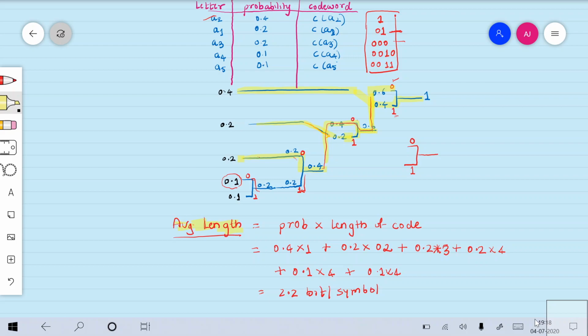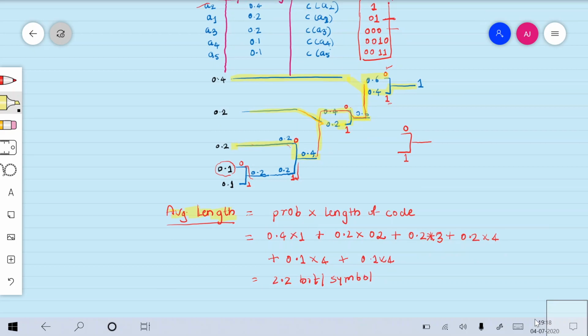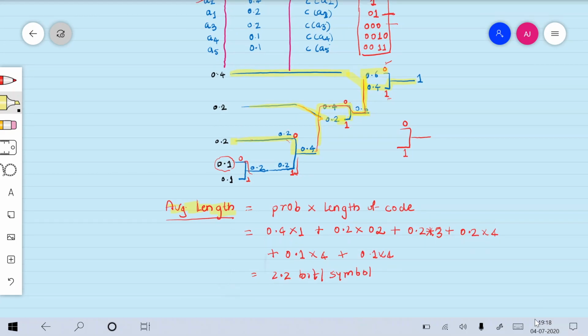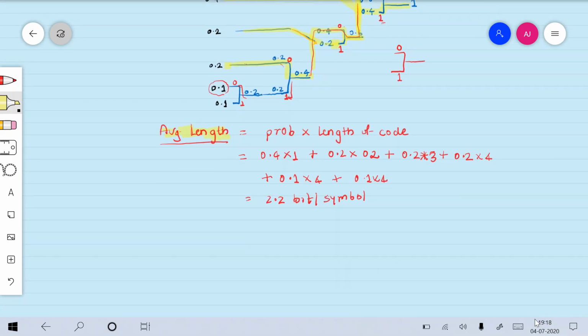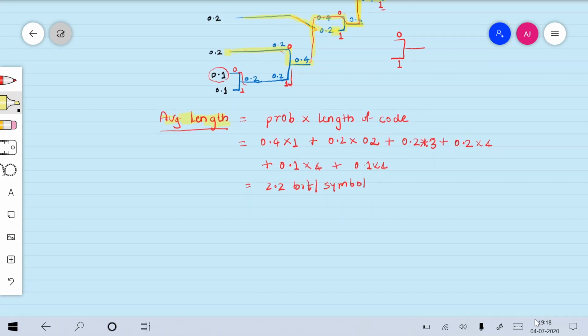So one parameter is the average length, and now one more parameter which we have not calculated, or I think I have not given you any example, is the entropy of the source. I hope everybody remembers the formula for entropy. Entropy gives you how much information is there in your bits. So let us write down the formula for entropy.